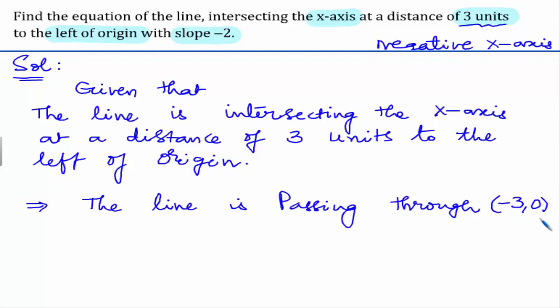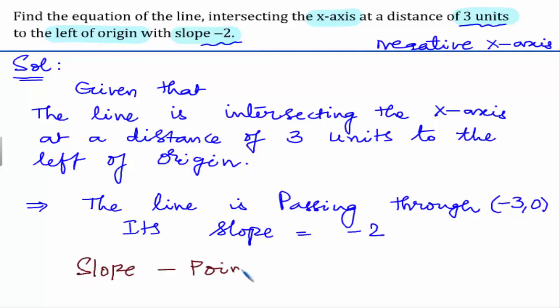Therefore it is passing through minus 3, 0, and its slope is minus 2, which is given to us here. Now what we need to use here? Slope point form we have to use.